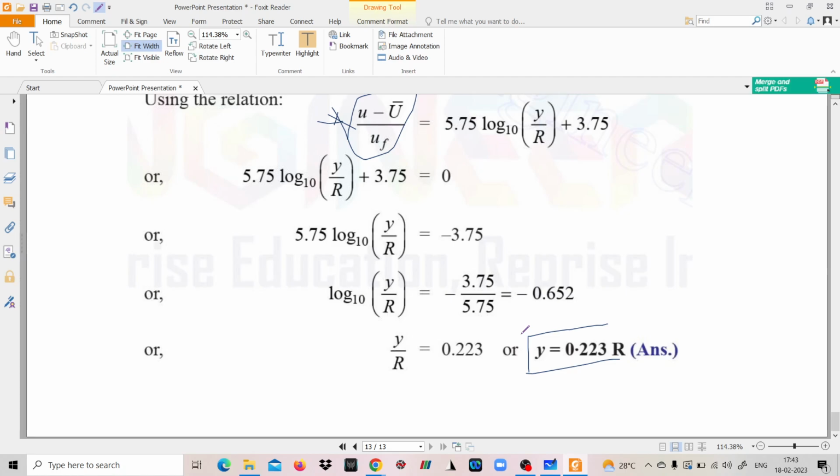The time limitation has forced us to skip the chapters or derivations related to turbulent flow in pipes. So if you have any doubts, you can take them up during the next session, or we will discuss other problems relevant to the contents of week 4 in the next session.